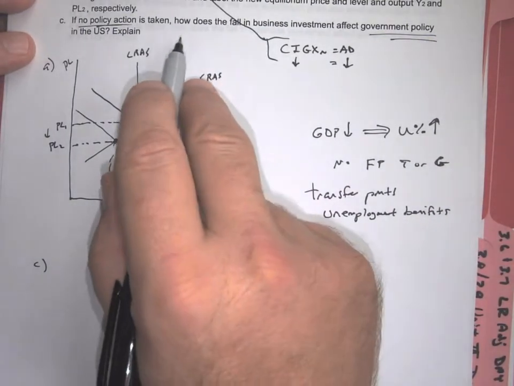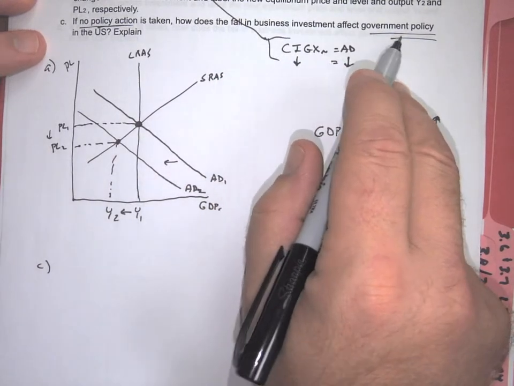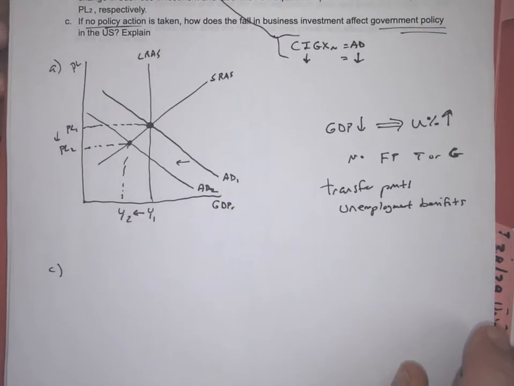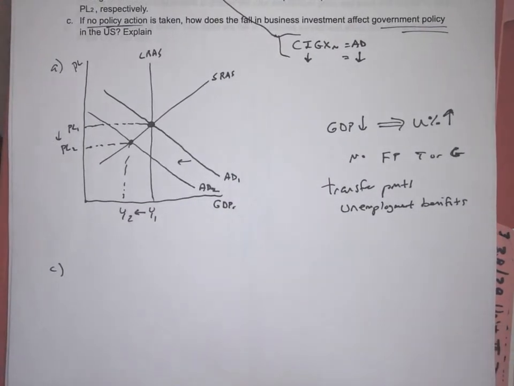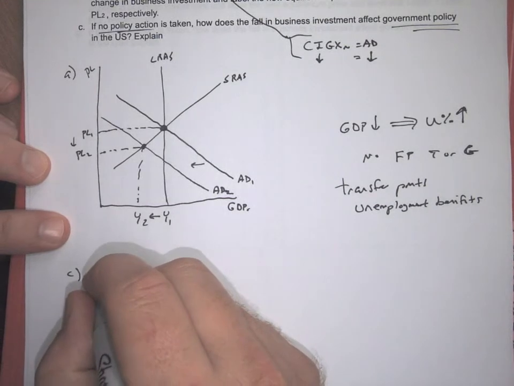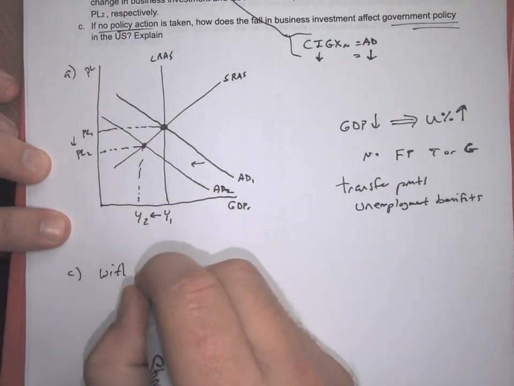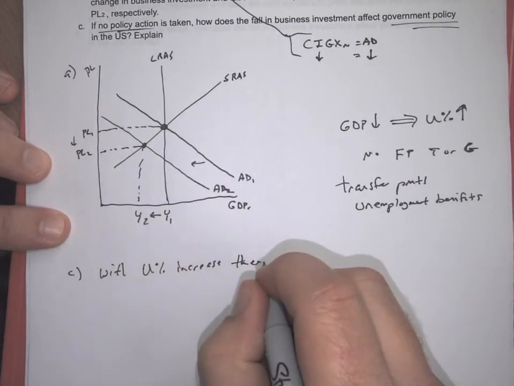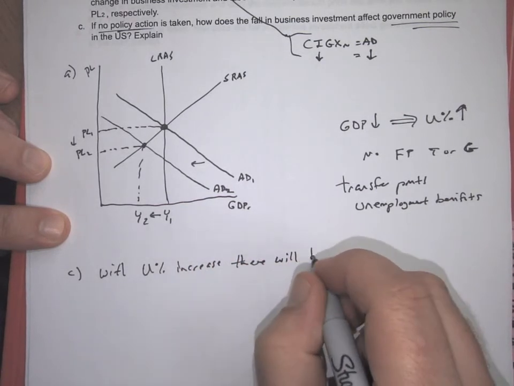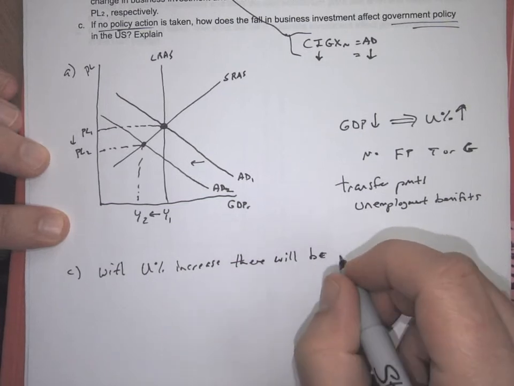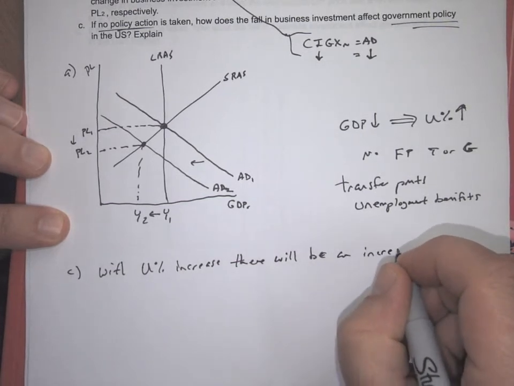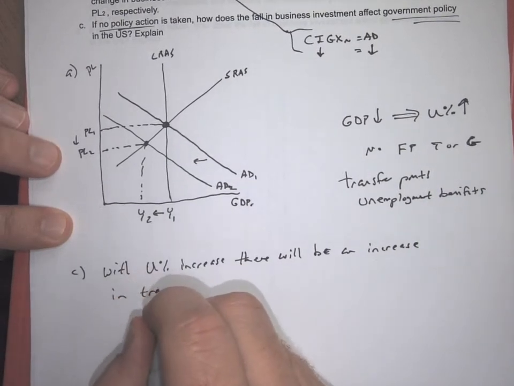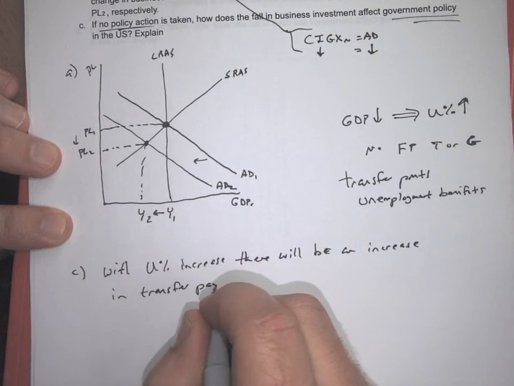Now to answer this, how does the fall in business investment affect government policy in the U.S.? So the effect it's going to have is there's no policy action. So with the unemployment increase, there will be an increase in transfer payments.